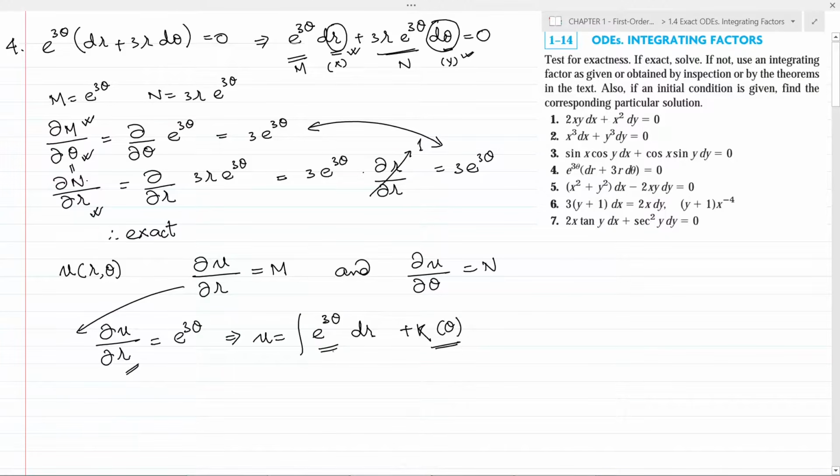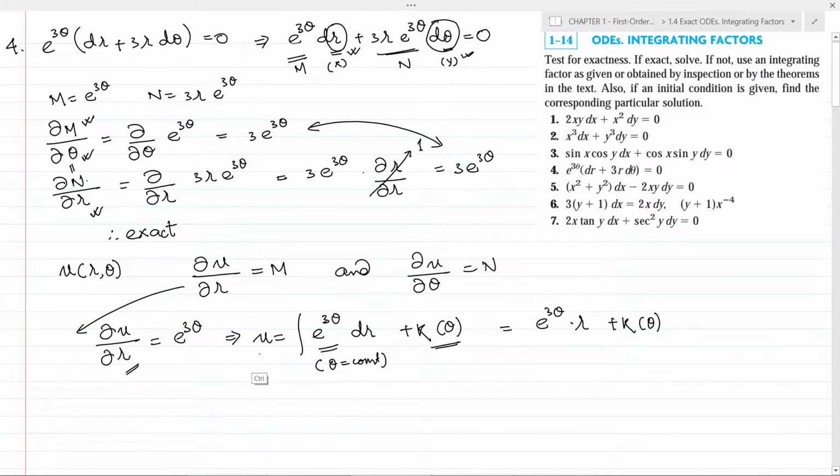Now in this function there is no r term, so e to the power 3 theta is a constant, because in this integration we assume theta equal to constant. So this is equal to e to the power 3 theta multiplied by r plus k of theta.